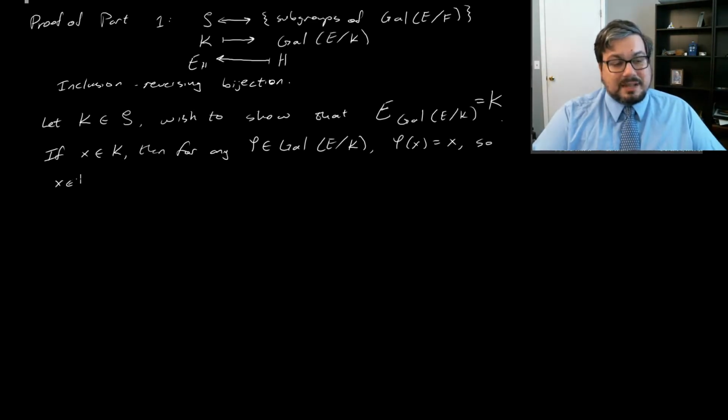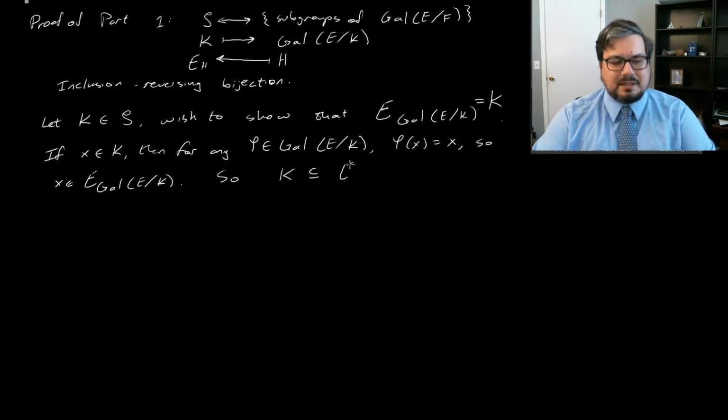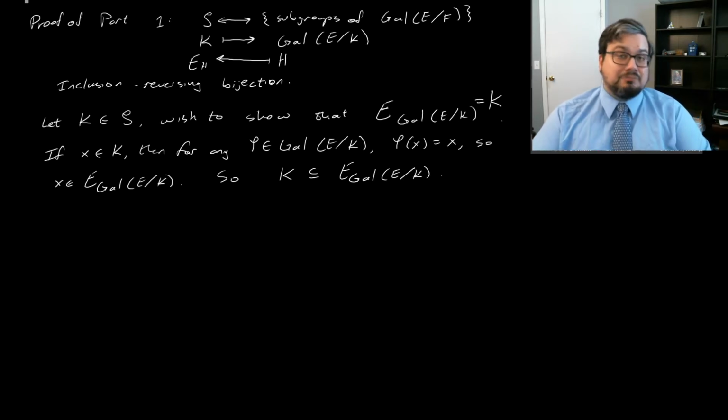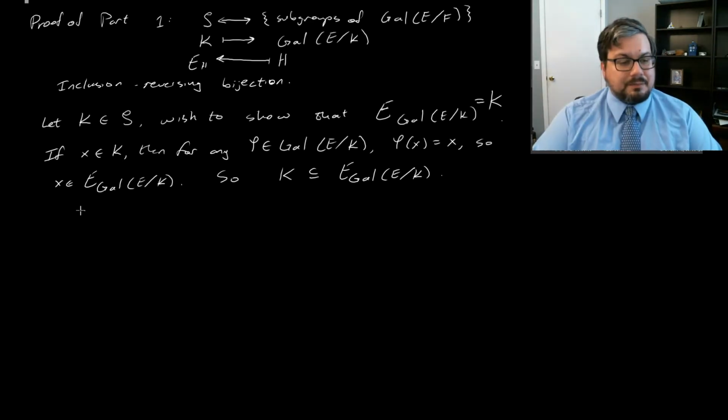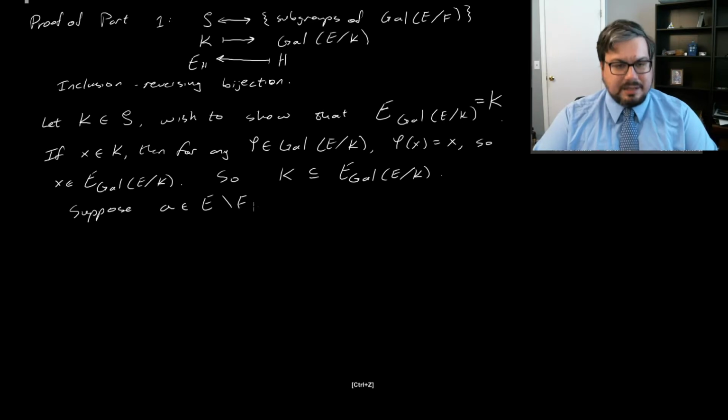And so that means that x belongs to the fixed field of the Galois group of E over K. So we have that K is a subset of the fixed field of the Galois group of E over K. That's the easy direction.